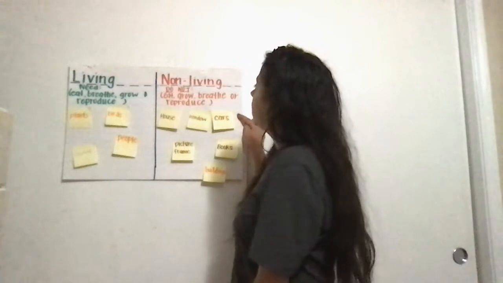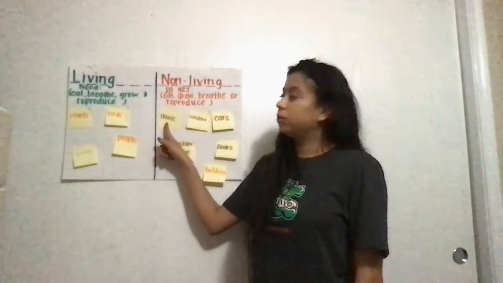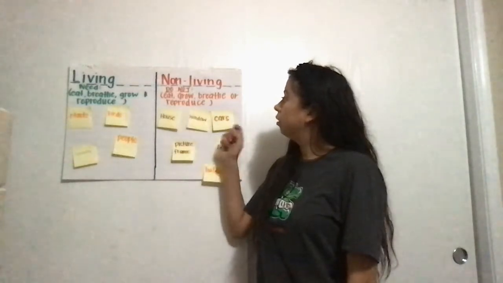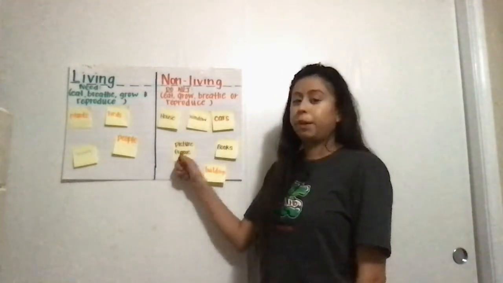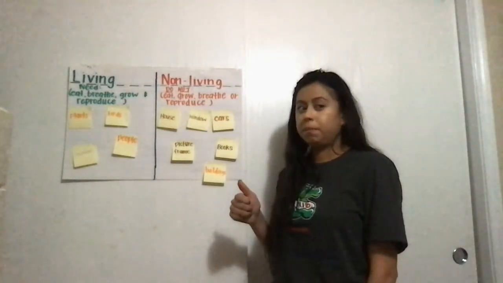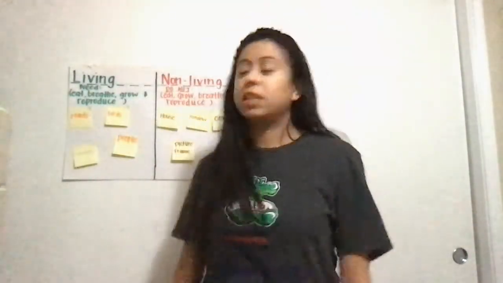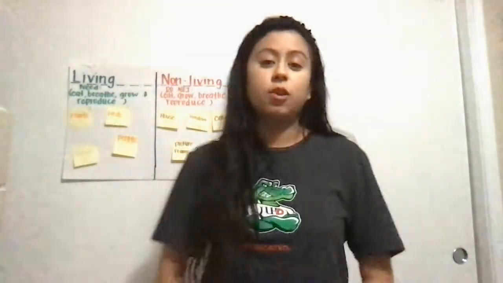What about non-living? They do not need anything really. House, window, cars, picture frame, books, and buildings. Thumbs up? Okay, good. So far, they look good, and we did really well. There is a whole lot more that we could add, and we can keep adding maybe later on with more stickies, classifying throughout the day.